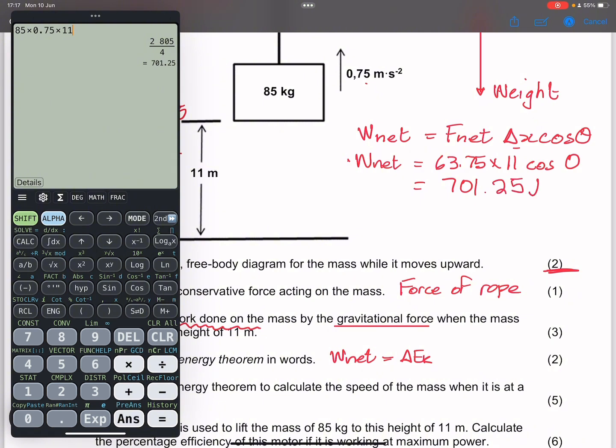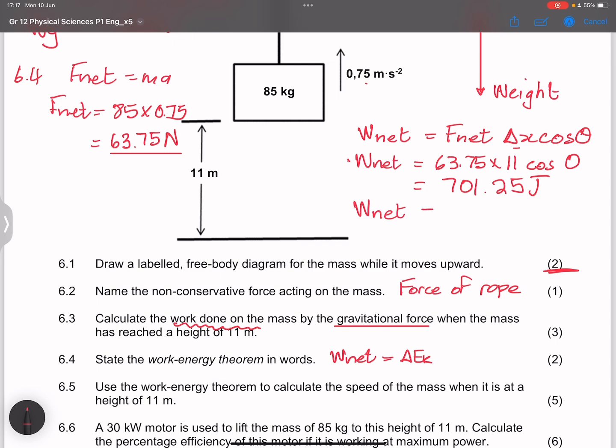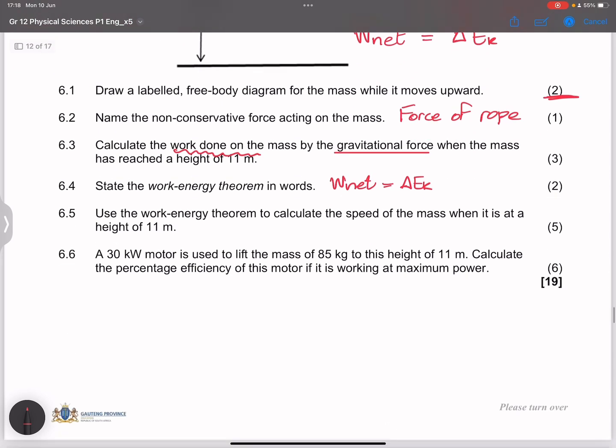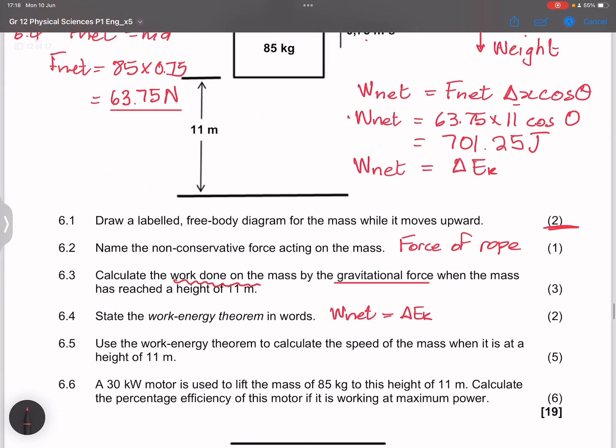That's joules. But now remember that the net work done on an object will cause a change in kinetic energy. So we keep that in mind. So I've got this as 701.25, that would be half times the mass.